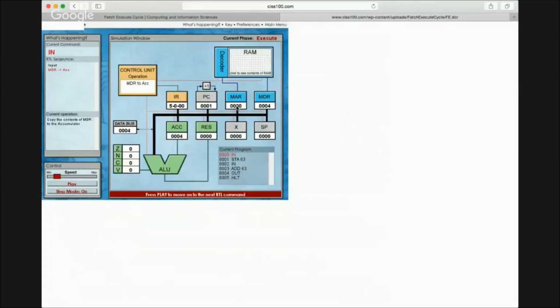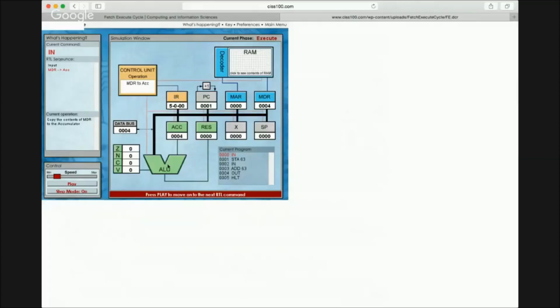Memory address register location will go up to location 1 and bring down the instruction that's located at memory address 1 into the data register. The data register will then transfer this to the instruction register. The control unit will decode the next instruction, which of course we know corresponds to STA 63 or 2063.